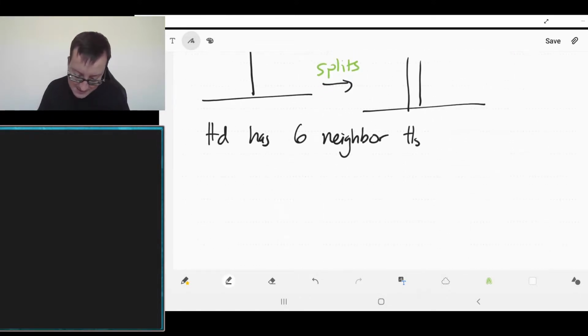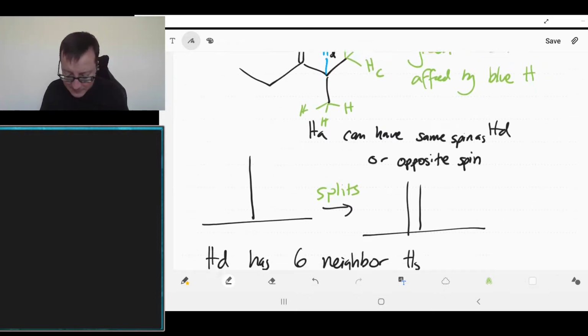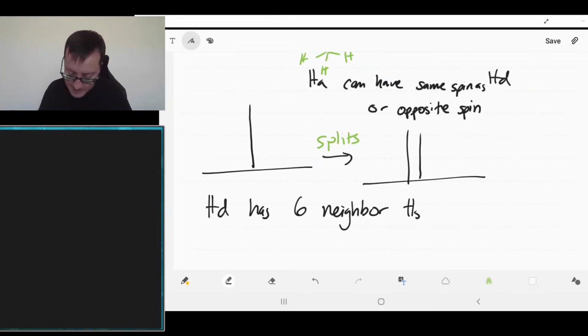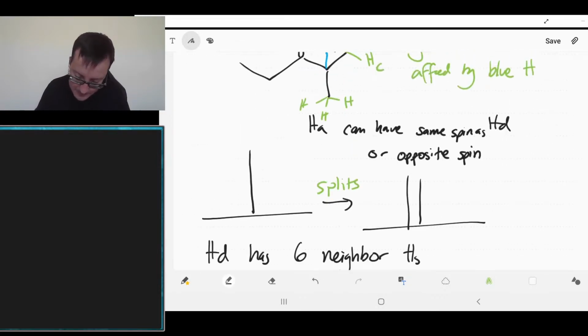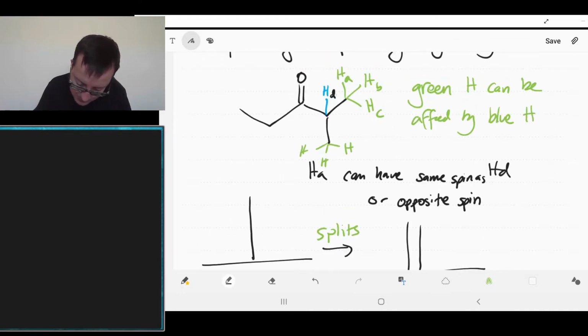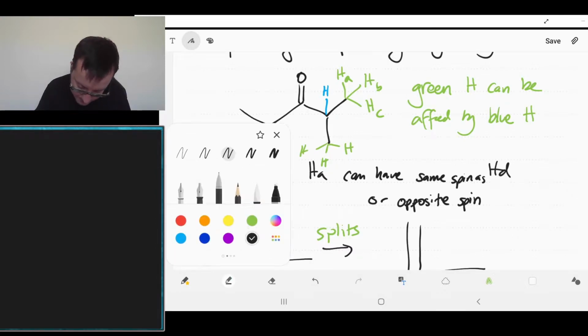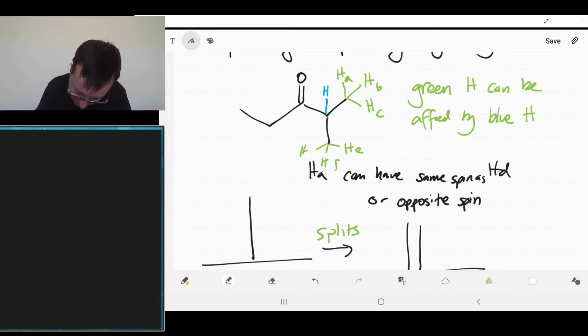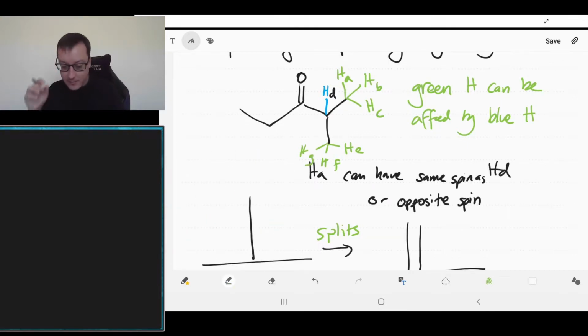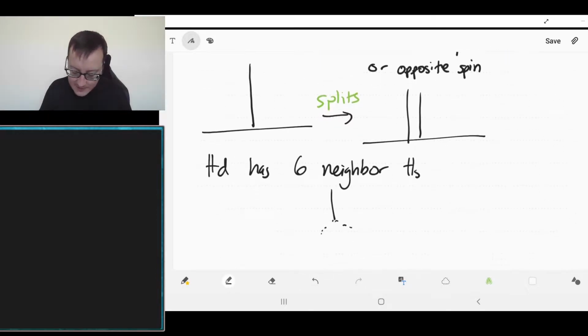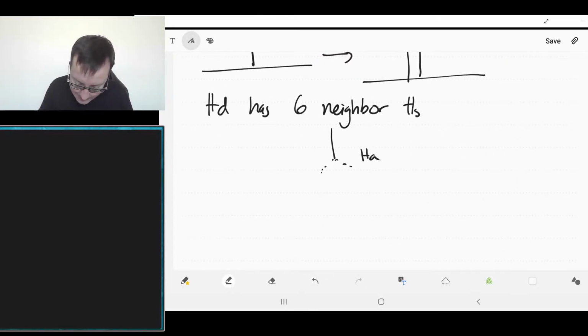We're going to see that it's pretty easy for splitting a single peak in two. The first hydrogen, let's say, I'll keep this as D. If we see how HA interacts, well, that can split that into two peaks.